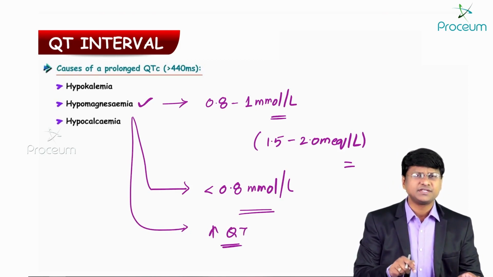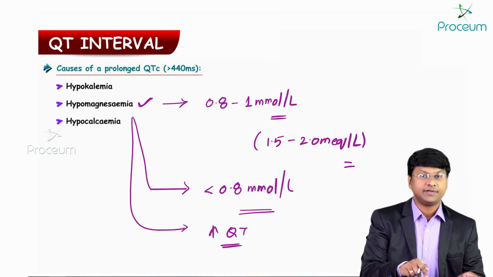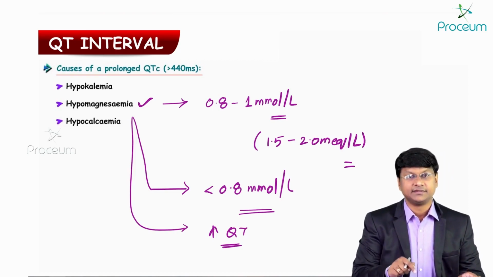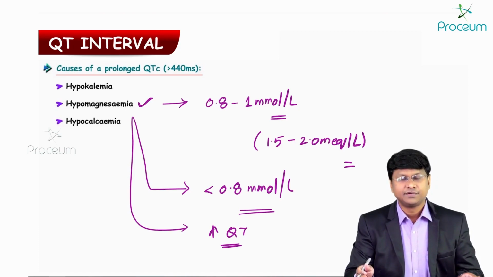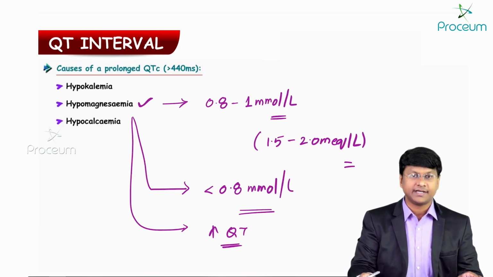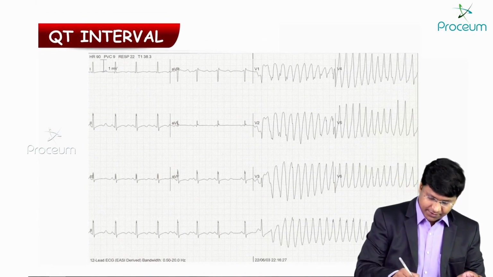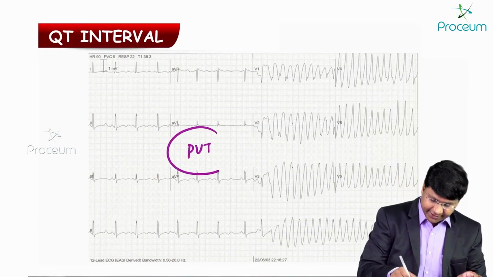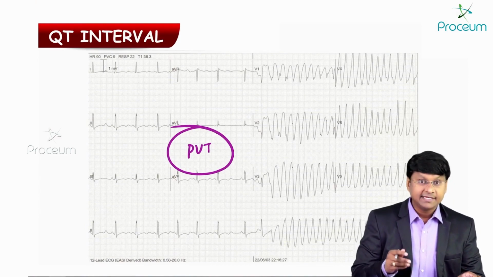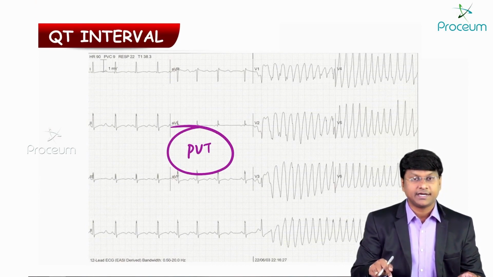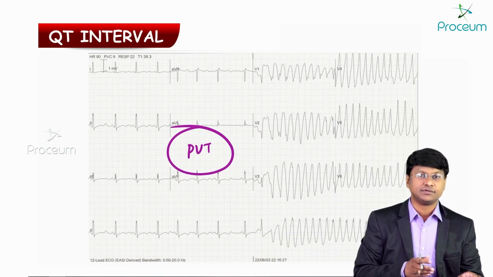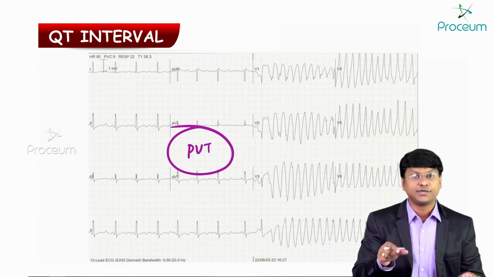Now these patients with hypomagnesemia causing prolonged QT interval can progress to the development of polymorphic ventricular tachycardia. So this is the ECG with polymorphic ventricular tachycardia, and it is precipitated by this prolonged QT interval.